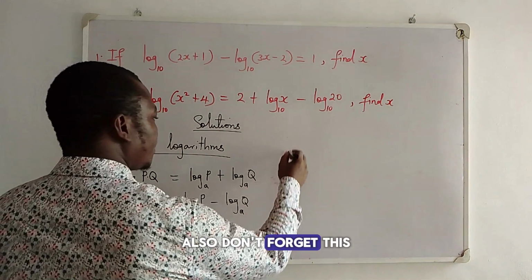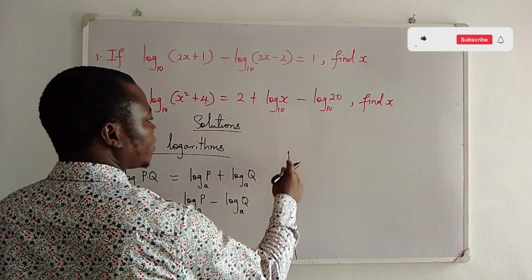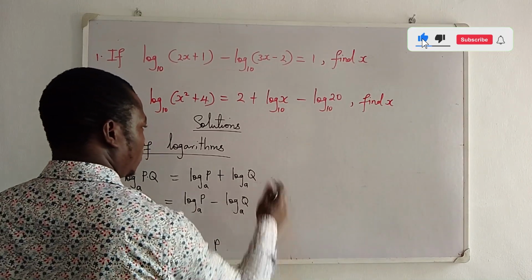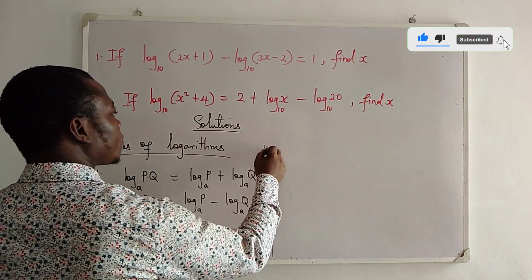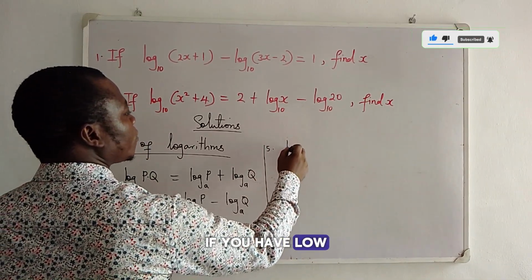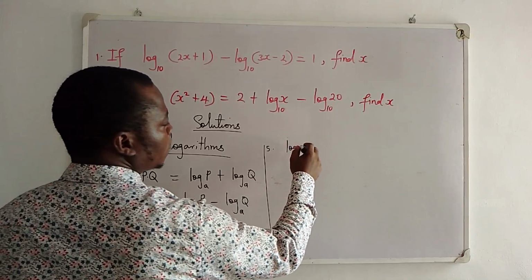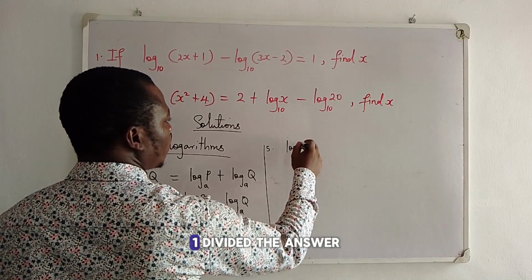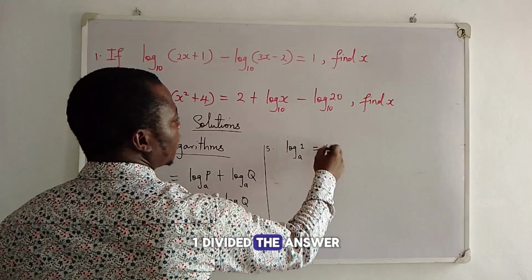Also, don't forget this, number 5. If you have log 1 base a, the answer is 0.